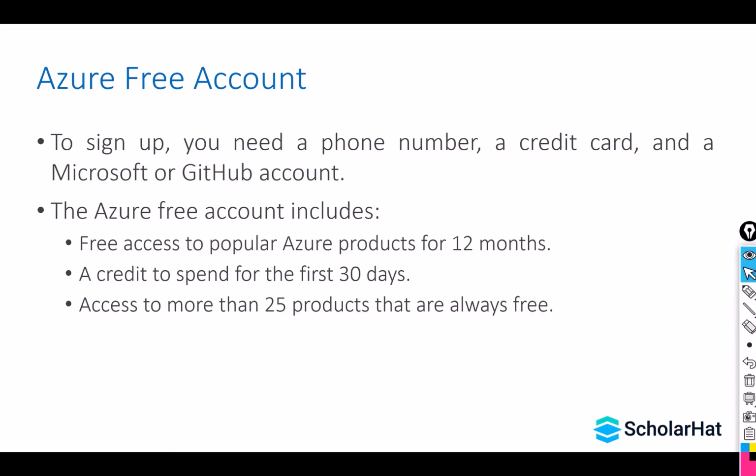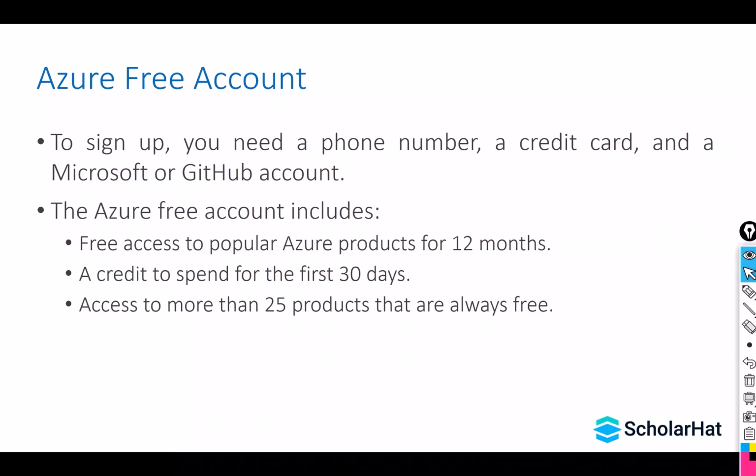free account. When you sign up for the Azure free account, it includes access to Azure products for 12 months. But only for 12 months you will have access to only 25 products. So 25 products will be always available free for 12 months.